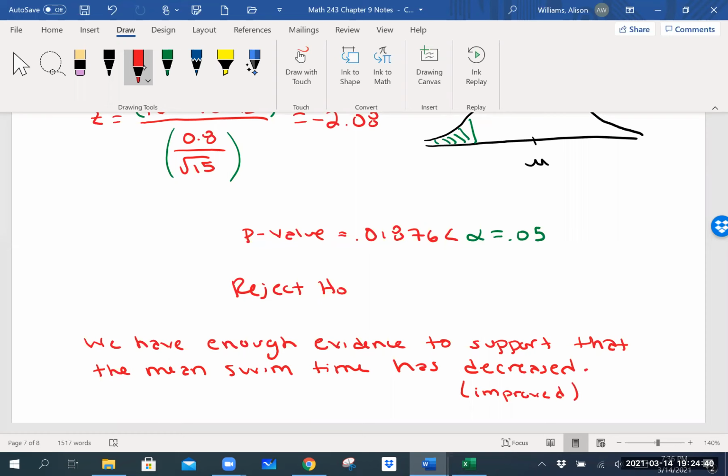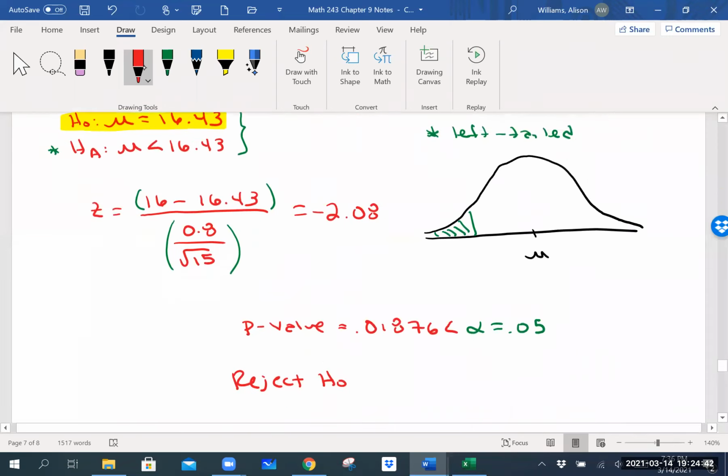But I'm referring to the alternative hypothesis, the fact that I'm thinking that it's less than 16.43.